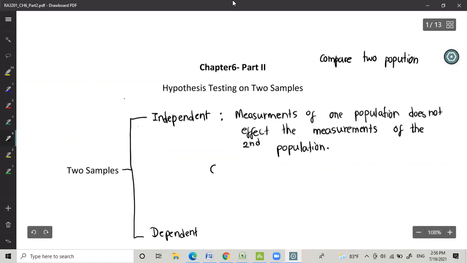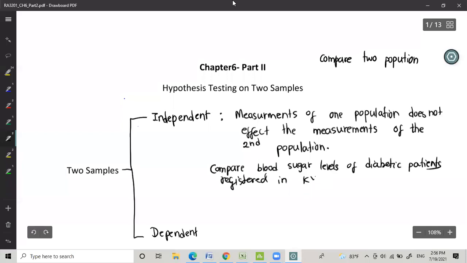Say you want to compare, let's say, a simple one, compare the blood sugar levels of diabetic patients, let's say registered in Kandy clinic and Anuradhapura clinic, right?